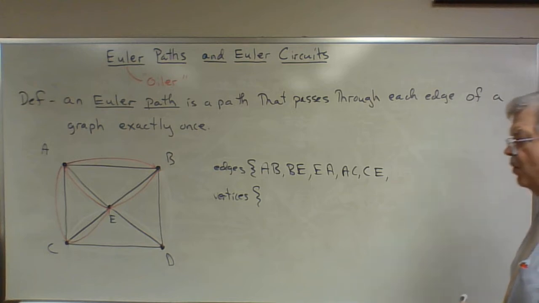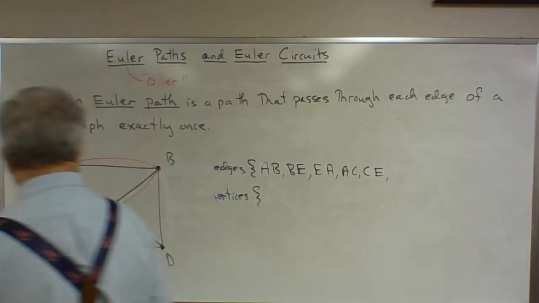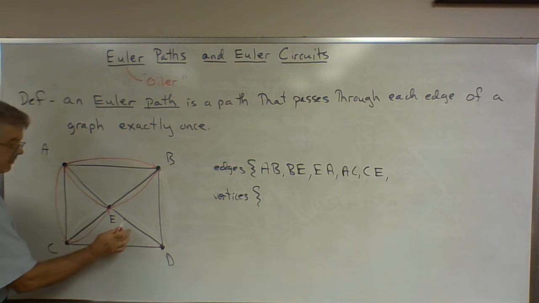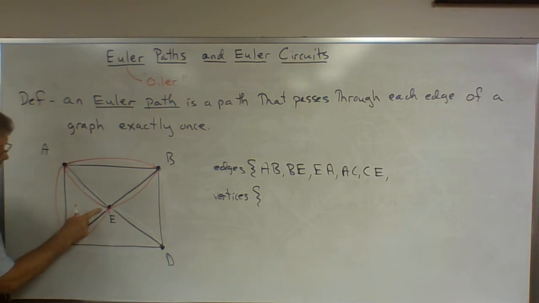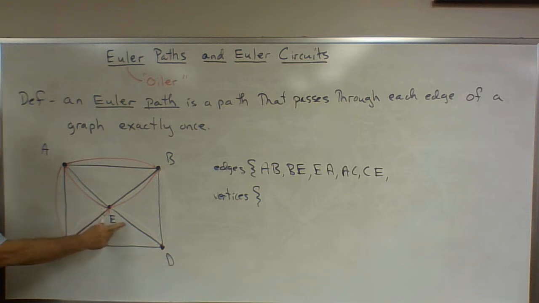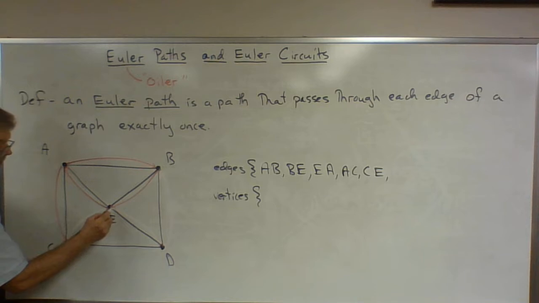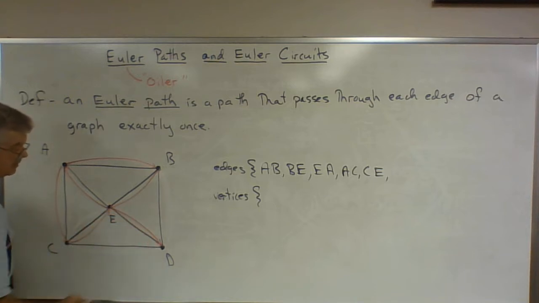And now there's only one way I can go. I have to travel this edge. The only way I can leave vertex E and travel on an edge that hasn't already been passed through is if I go from E to D. So I go from E to D.